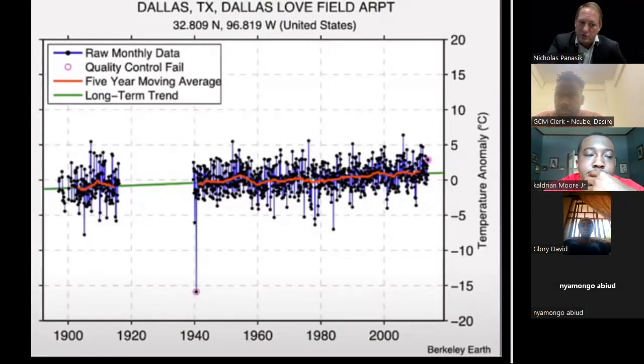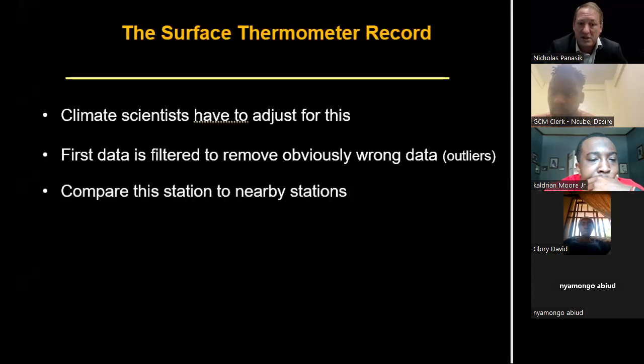And then to adjust the data, we've already learned with temperature anomalies that if an area is warming due to actual global warming, that would be true in a region, not just at that single thermometer. So they have to compare this station to nearby stations. Okay.